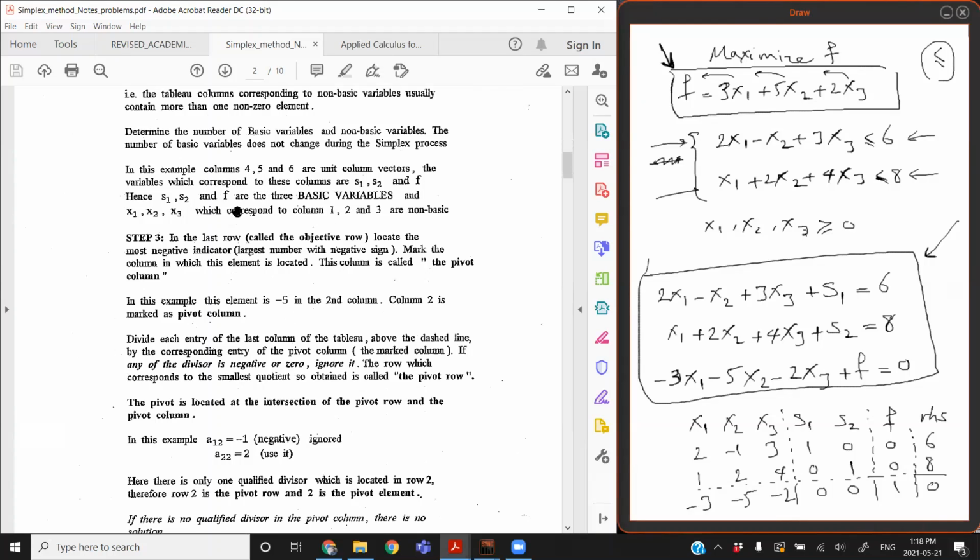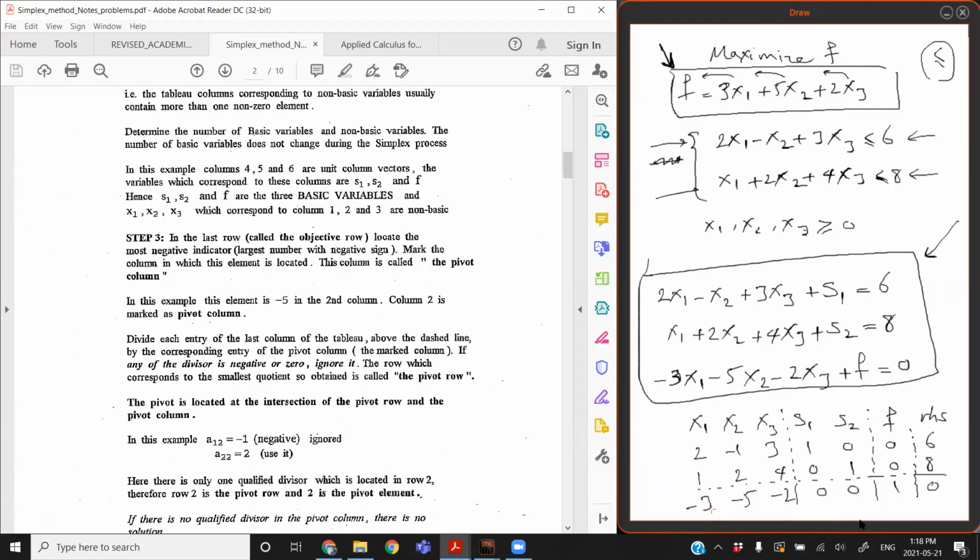Now, the last row of the tableau is called the objective row because it comes from the objective function. In each step, we need to find a pivot position. How do we do that? We look at these numbers in the last row, the objective row, the negative numbers.